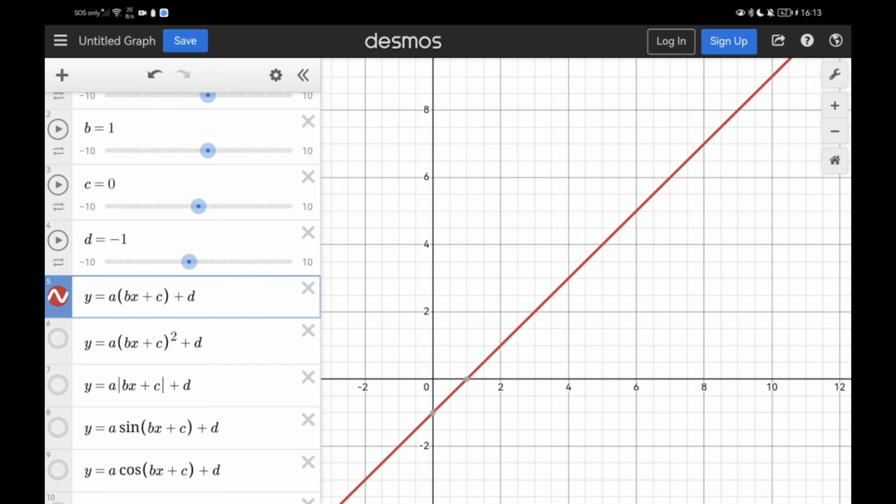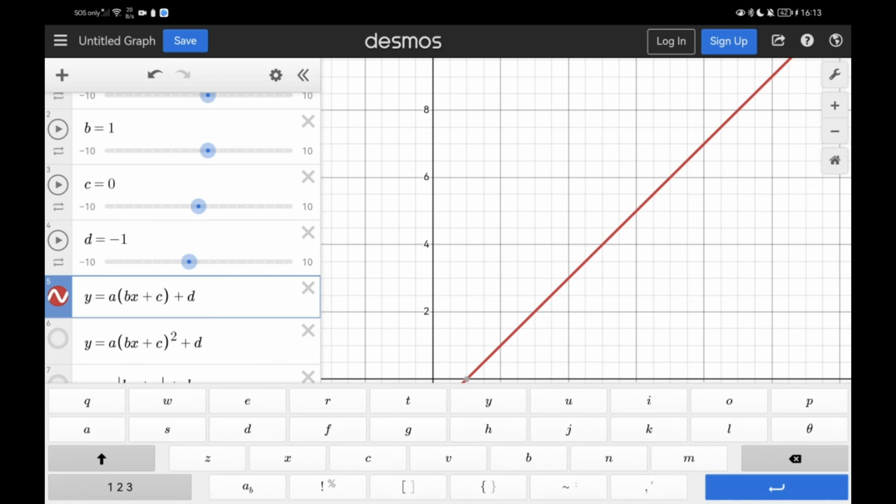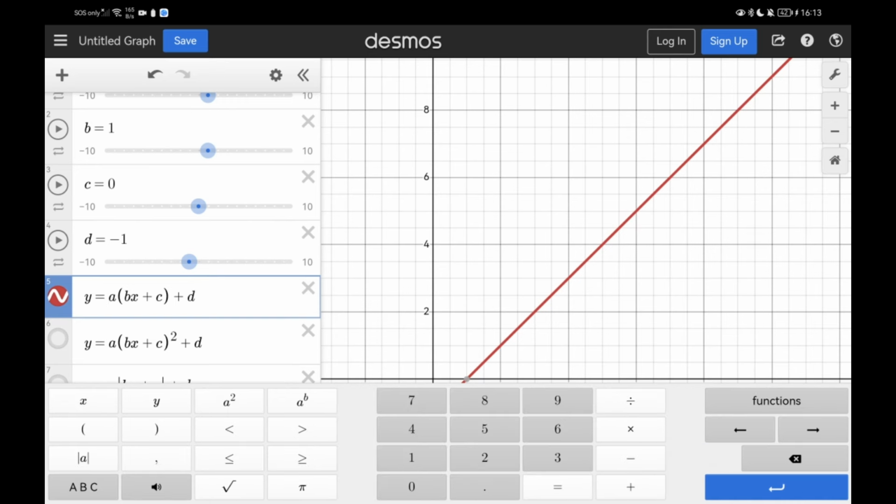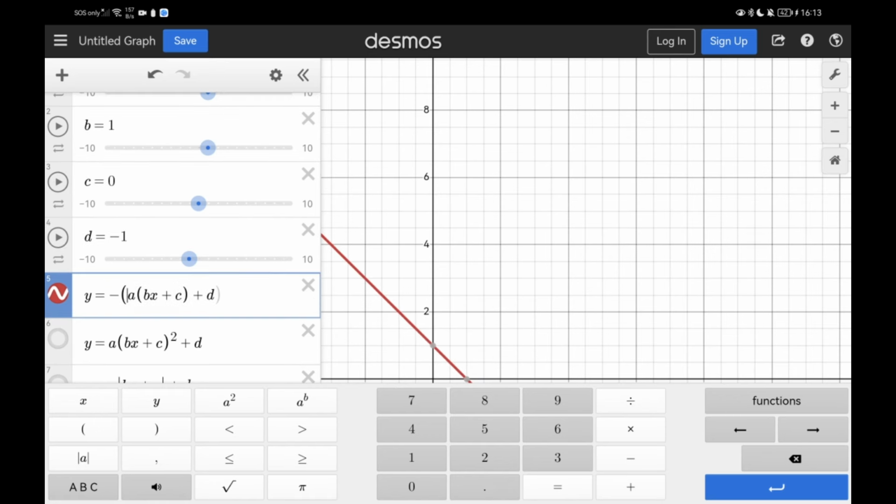So let's take a look at the reflection. For the reflection of the entire function, you just put a negative beside the y. Let's close the bracket.